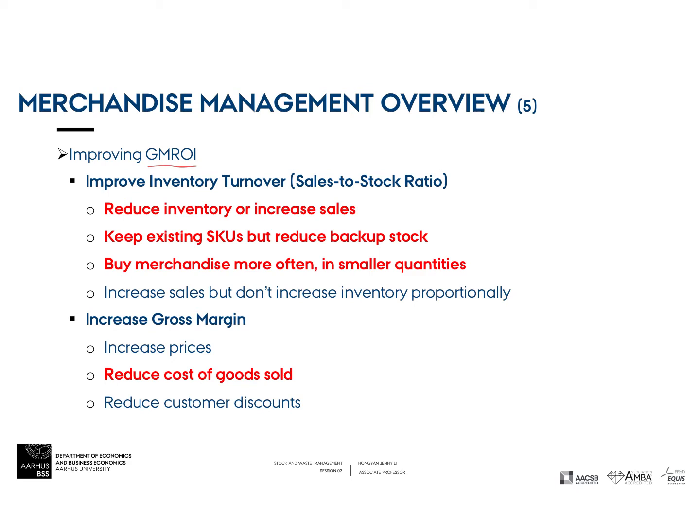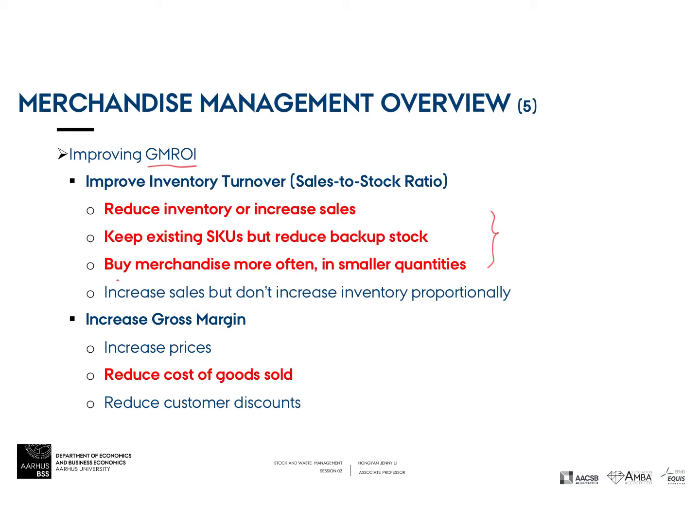If you hold less inventory but you can sell more, and keep existing SKUs but reduce backup stock costs, or buy merchandise more often in smaller quantities. We will see how these measures can be implemented later. And then, of course, increase sales but do not increase inventory proportionally, which is equivalent to the first suggestion.